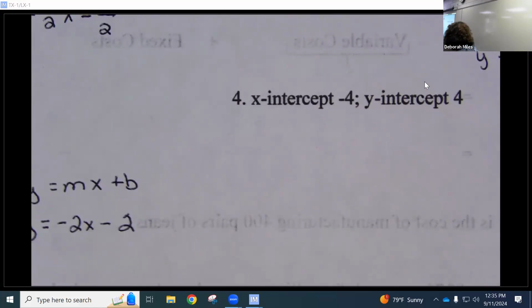Number 4, I'm given both intercepts. I'm given the x-intercept is -4, the y-intercept's +4, and I don't have anything named intercept form. So, does anybody have any ideas for me?